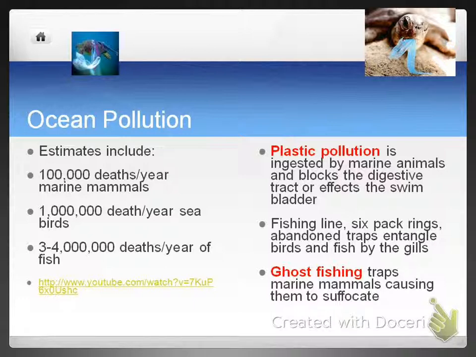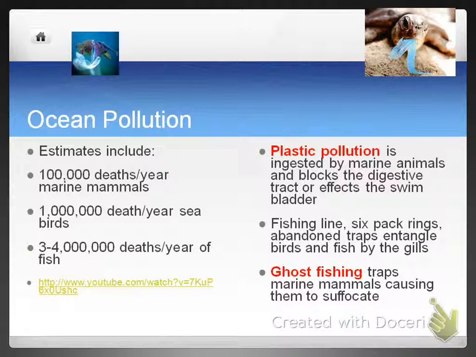And ghost fishing is when old traps are left behind, or old nets, hooks, and marine mammals get caught in them and they cannot get away and get back to the surface, and they can only stay down about 60 minutes without coming back to the surface for more oxygen. And if they're trapped underwater, they will suffocate and die.